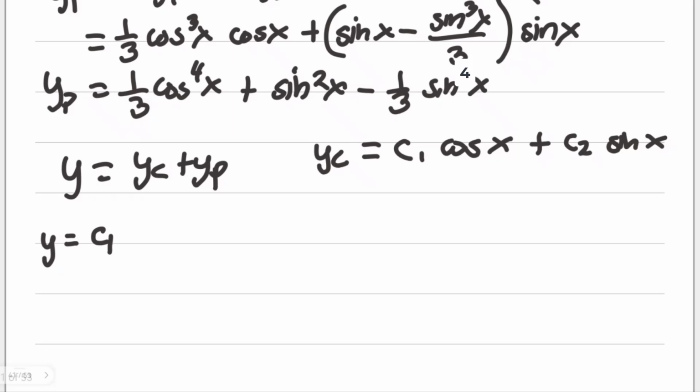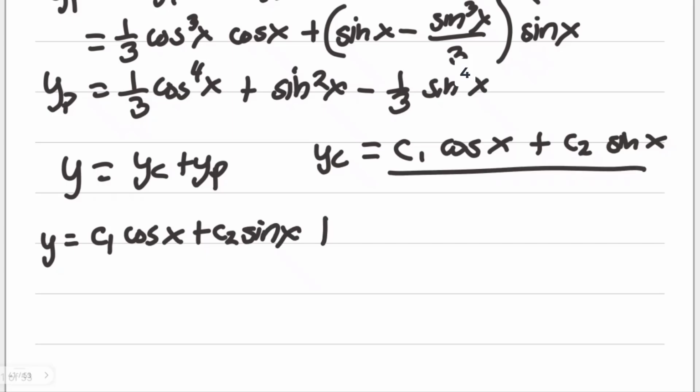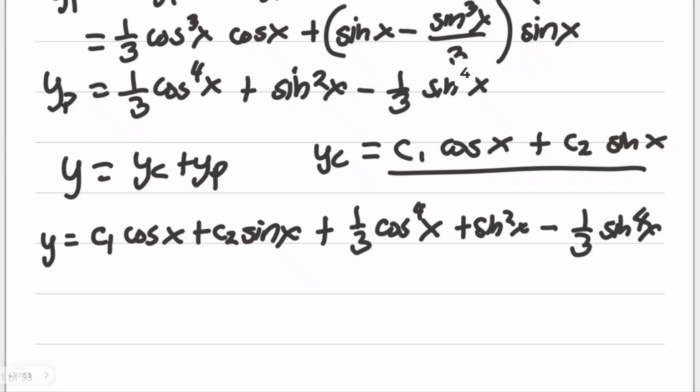C sub 1 cosine of x plus C sub 2 sine of x. That's for our y sub c. Plus your y sub p, 1/3 cosine fourth of x plus sine squared of x minus 1/3 sine fourth of x. We cannot combine these two into one identity because this is negative.